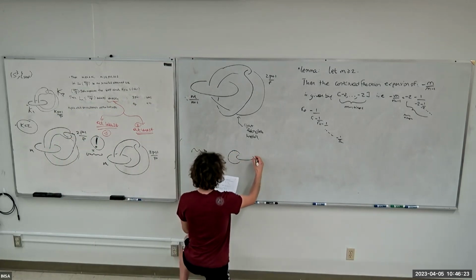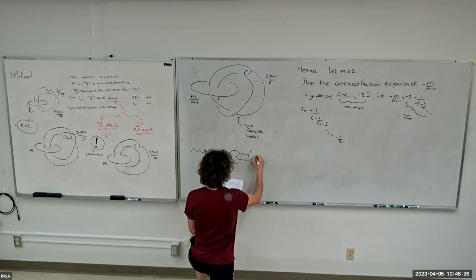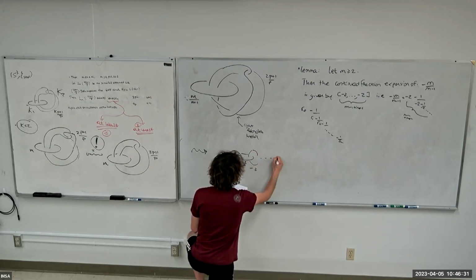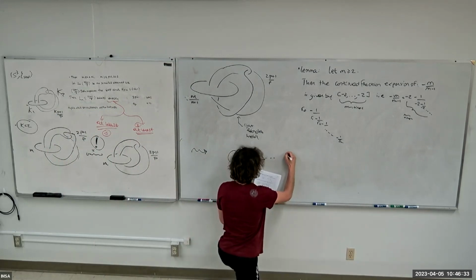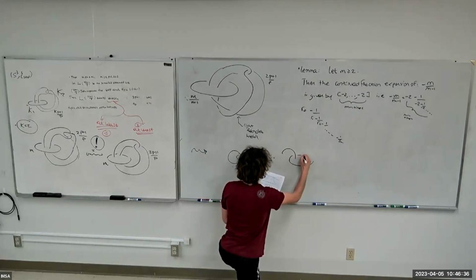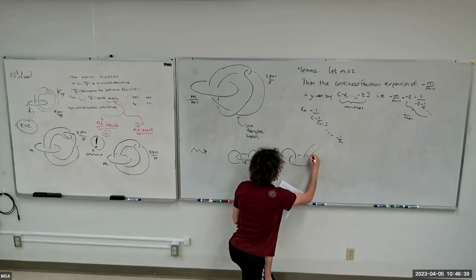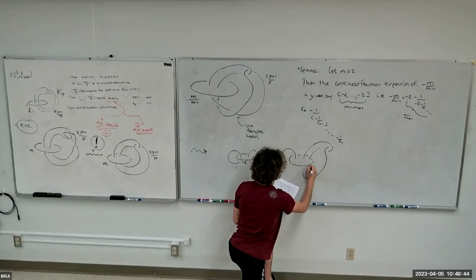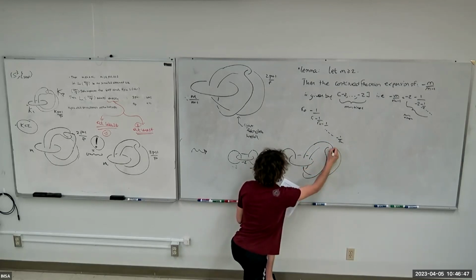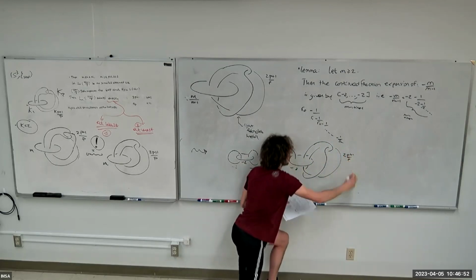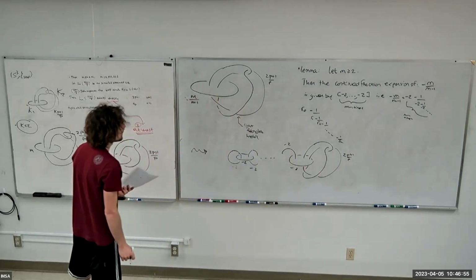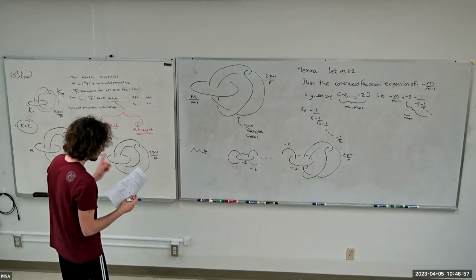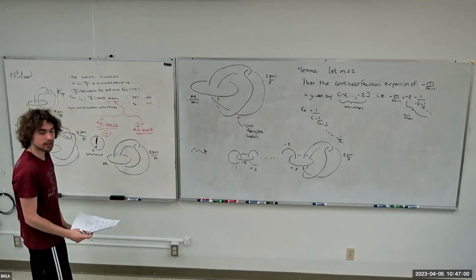So the unknot portion becomes a chain link, a lot of them, and then I get to this portion here, and here I have my right-handed trefoil. Yes, minus 2, and here is 2p plus 1 over p. Okay, this is so far so good.